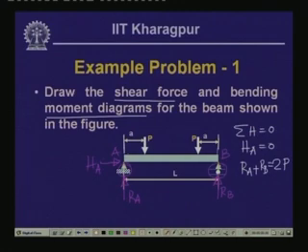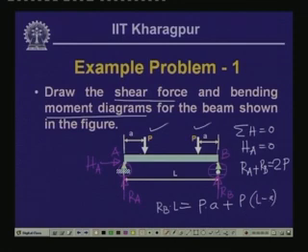Now, if we take the moment of all the forces with respect to A, then we have RB into L, which is anti-clockwise, and both the loads cause a clockwise moment with respect to this point. So this is equal to P times A for this load plus P times L minus A for this load.